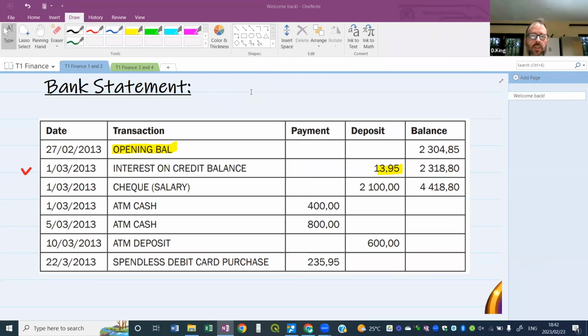Okay, so this is what we can do. I'll show you. We can take this 13.95 and make a fraction with it.